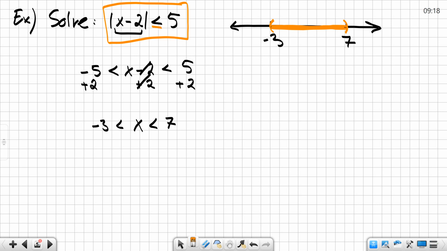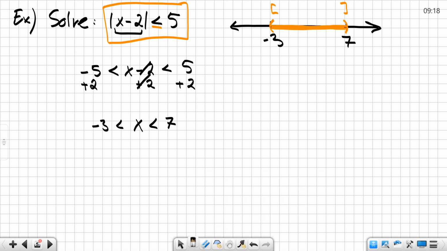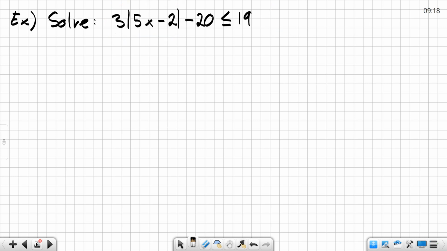If I would have had less than or equal to, I would have turned it into brackets. Now, if I write this down as a solution in interval notation, it will look like this. Round parentheses, remember we had strict inequality. All of the numbers between negative 3 and 7. All right, let's do another one.